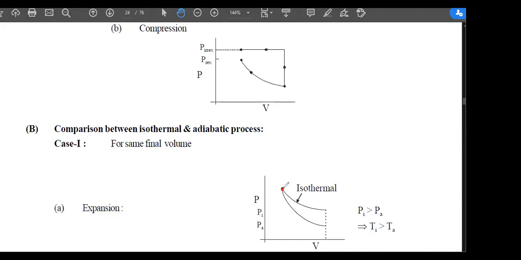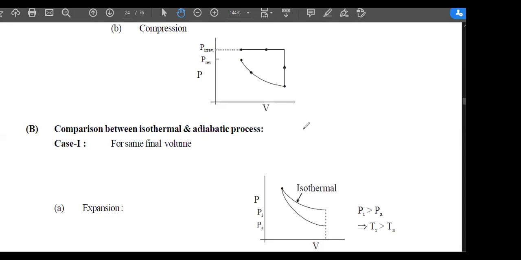This is one point where alpha is equal to 1, there is no change. At this point the slope will change. So below this point, the slope of the isothermal, or the angle of the isothermal, is more than that of the adiabatic, right?